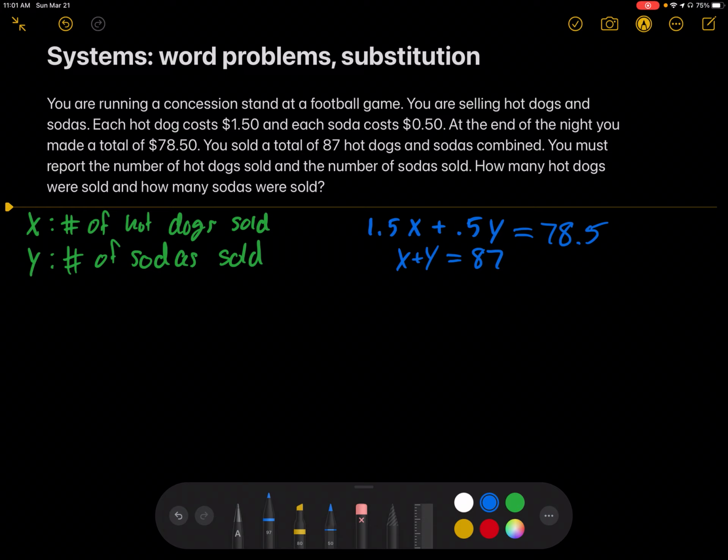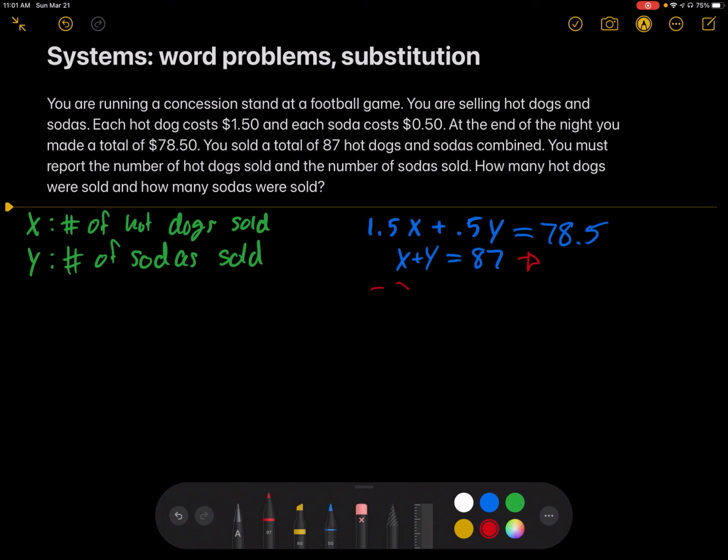It's called substitution. So here's what I usually do as my method. I take the easier equation, which is going to be x plus y equals 87, and I simplify it because we want to have one variable on one side. So we got x plus y equals 87.